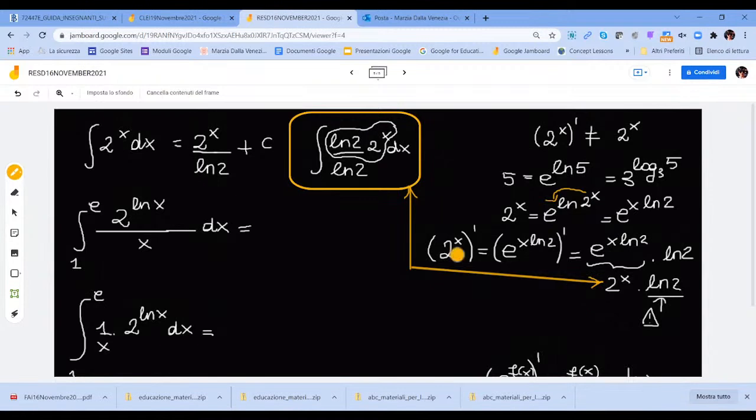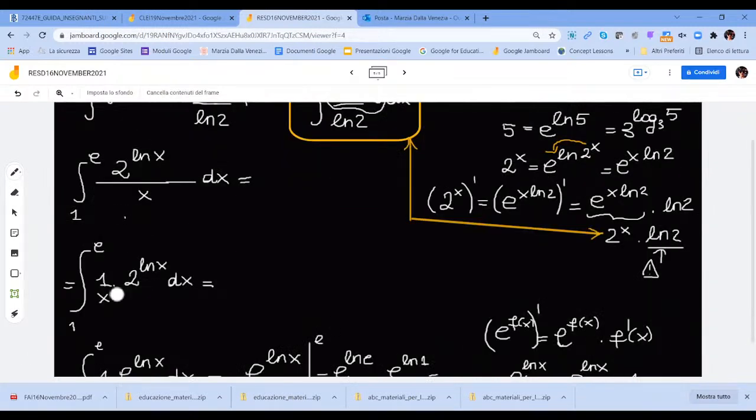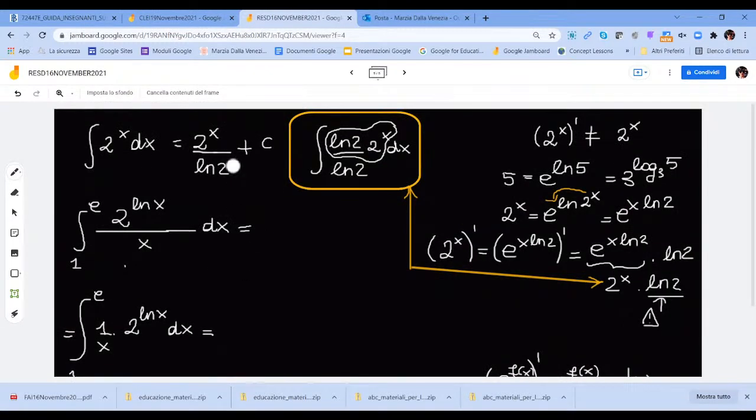So I hope this is clear. So let's perform the computation. This is what we should have computed. So we rewrite everything as 2x.